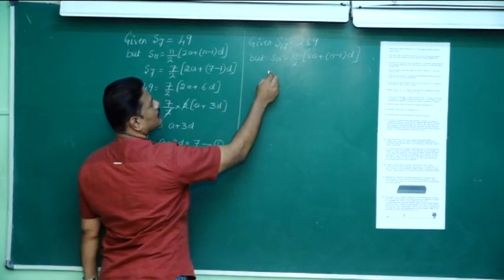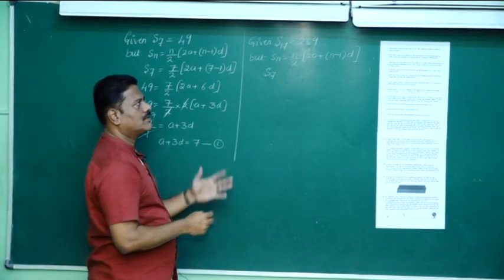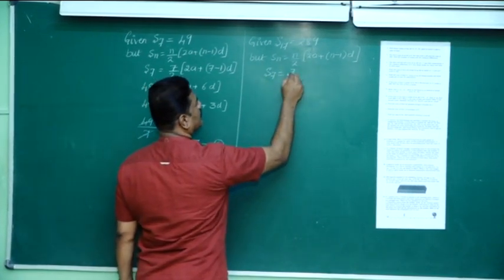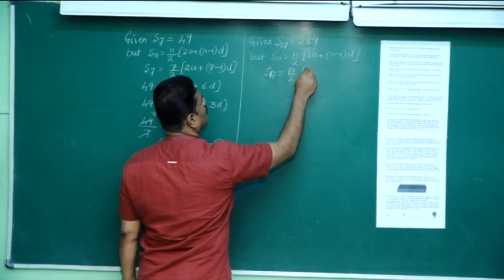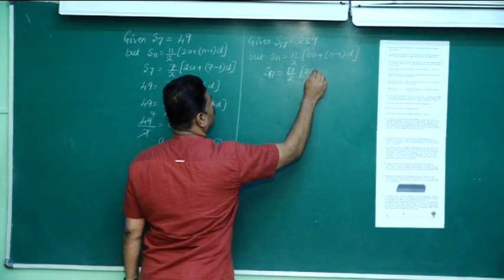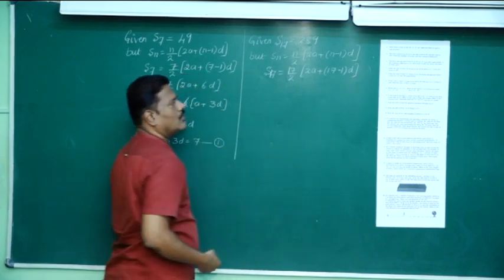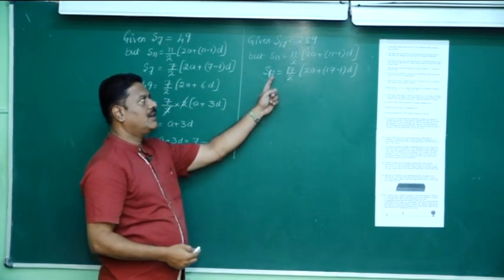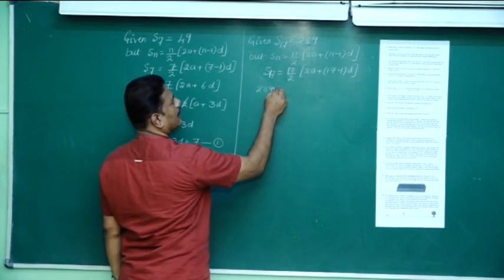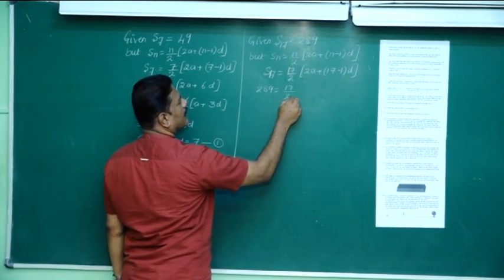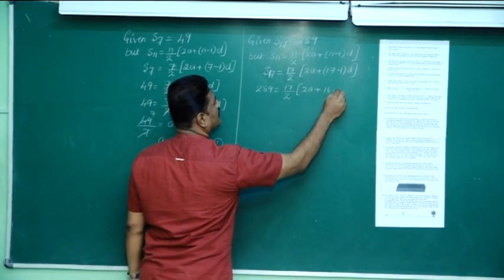Where n is there, you write 17, and the rest of the things not known, you write as it is. 17 by 2, 2 into a is not known, n is 17, minus 1, d is also not known. Now you replace this S17 by 289. So 289 is equal to 17 by 2, 2a plus 17 minus 1 is 16d.